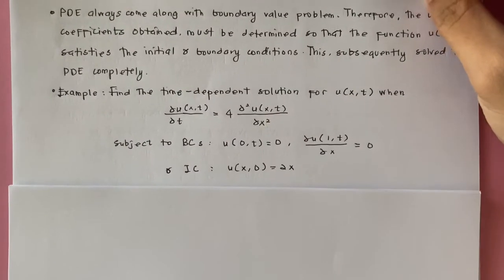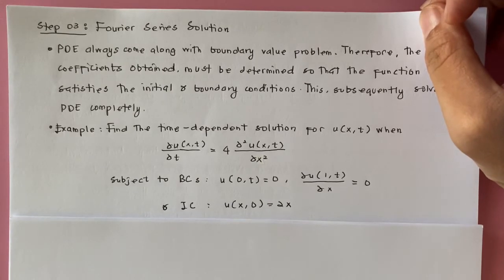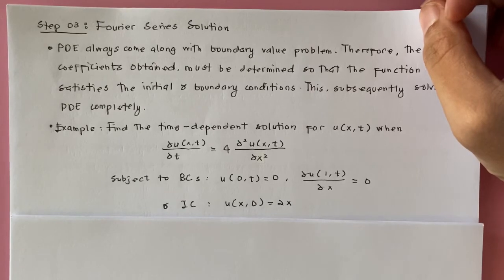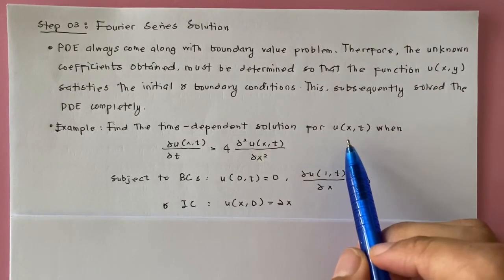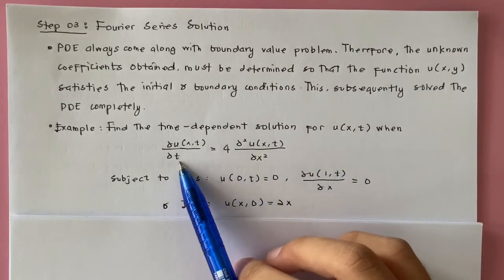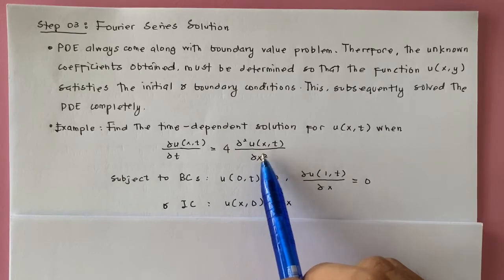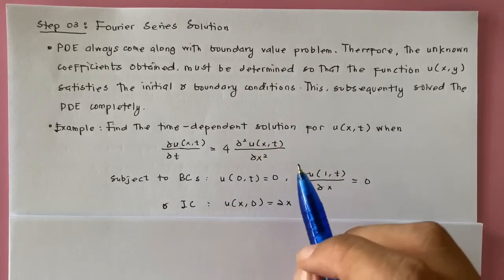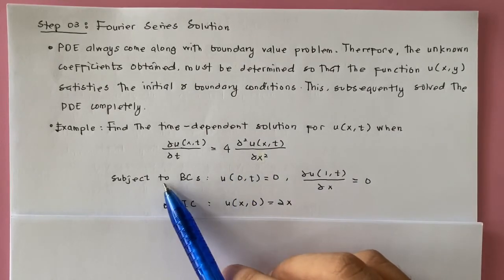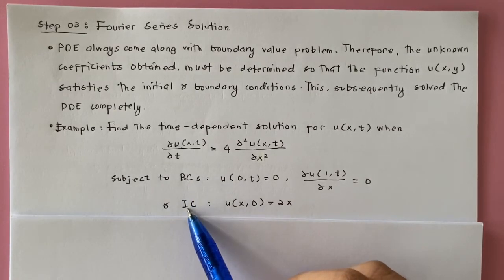So we try to see this step 3 from this example. Find the time dependent solution for u(x,t). Now you have a function of x and t. When del u over del t equals 4 del square u over del x square, subject to BC, the boundary condition, and IC, the initial condition.